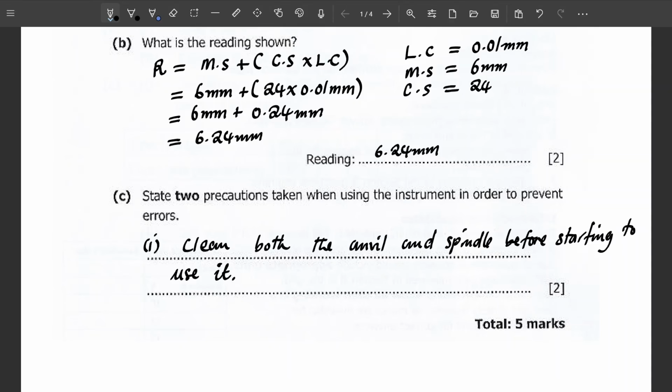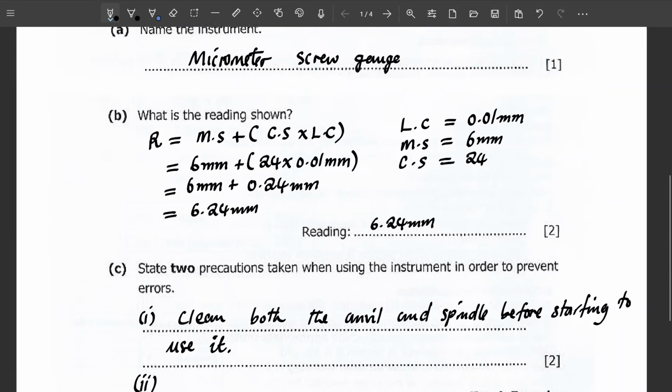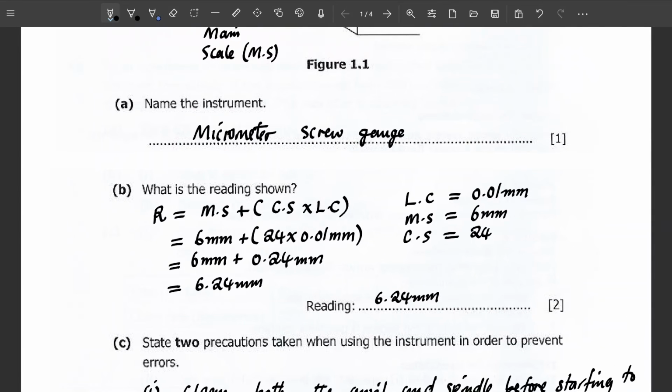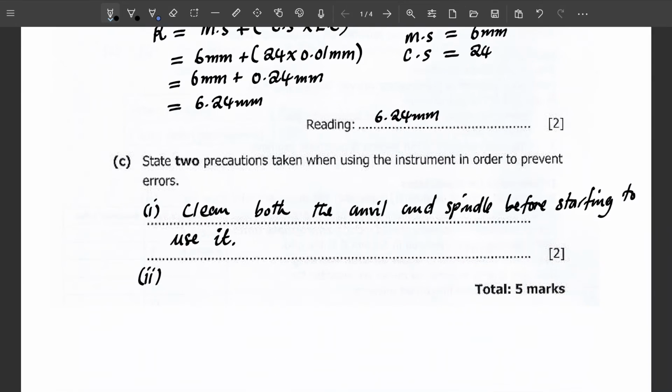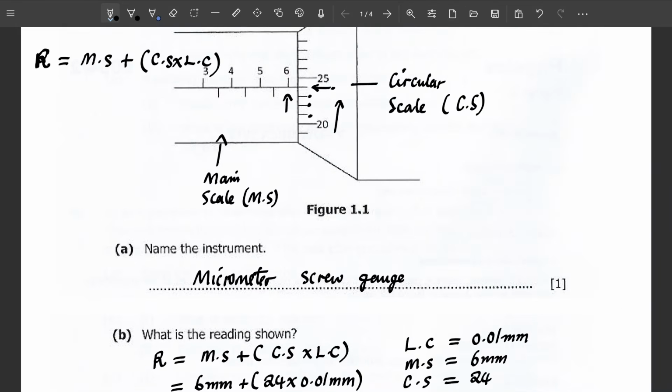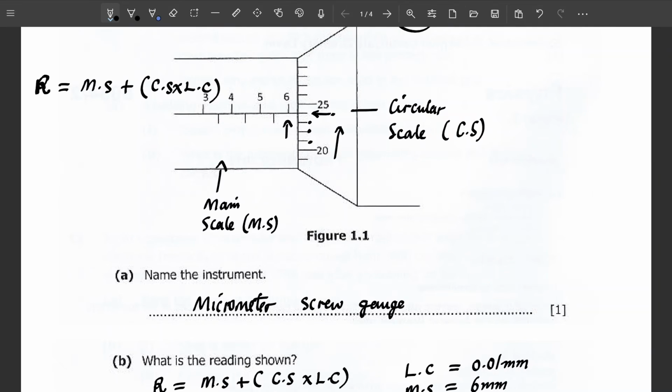Then the second one is to check for zero error. So a zero error, as we always say, is an error that an apparatus introduces in the measurement as a result of not starting from zero. Sometimes apparatus can have a zero error where they give you a reading when they are not measuring anything.